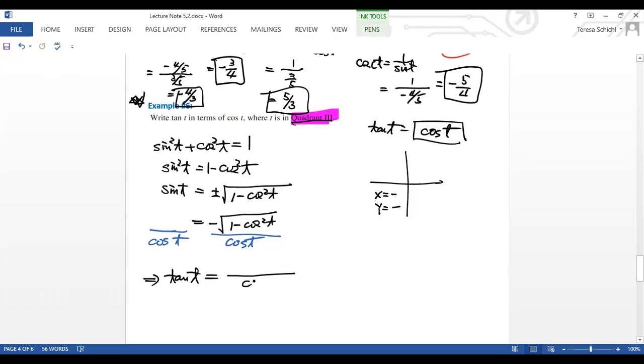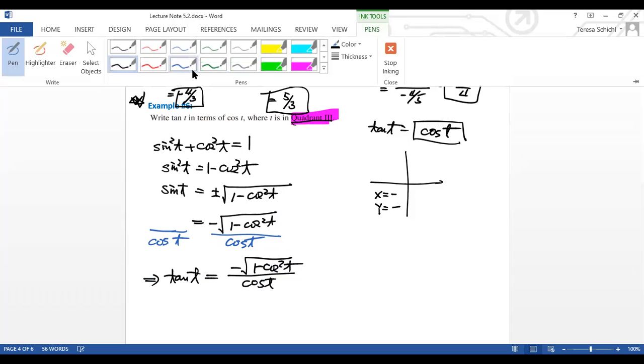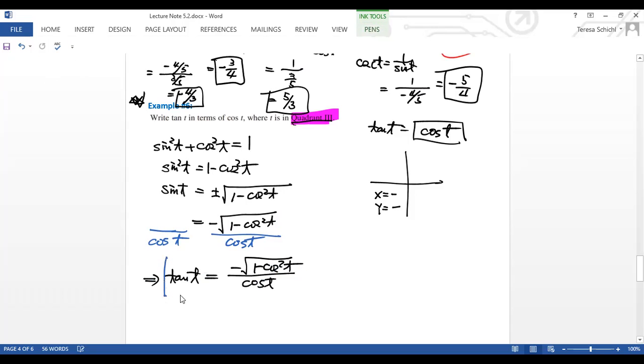So this is over cosine t, and the negative square root of 1 minus cosine squared t, right? So that is how I change the tangent t in terms of the cosine by using the identity, and also using how to decide which one is positive, which one is negative signs, right?